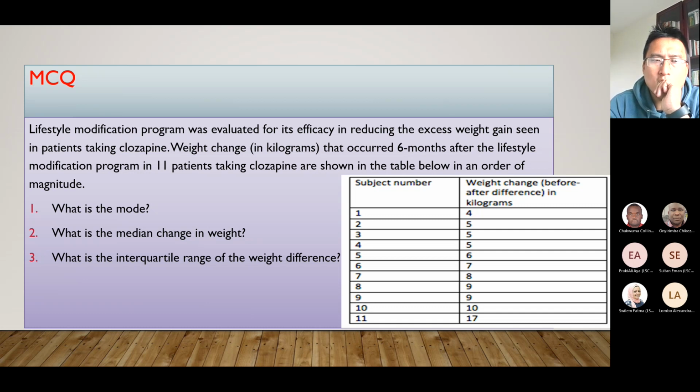Which is the number? Mode is 5. What is the median? 7. Okay, 11 divided by 2 should be something between 5 and 6, so we always take the number before, so that is 7. What is the interquartile range?